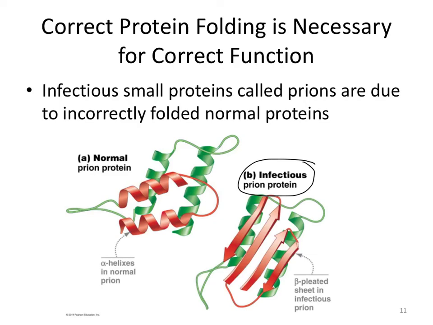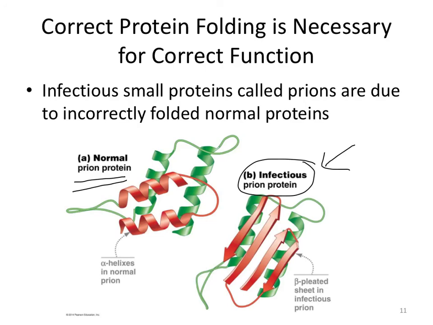Now, all of us right now will have normal prion protein in our brain, and some studies are indicating that when it's normal, it plays a role in developing memory and in healthy learning. But something can trigger a change in the conformation or structure and an incorrect folding of the prion protein, resulting in this infectious form. And what's really neat is that when one of these infectious prion proteins encounters a normal prion protein, the infectious one will cause the normal one to change shape and become infectious.